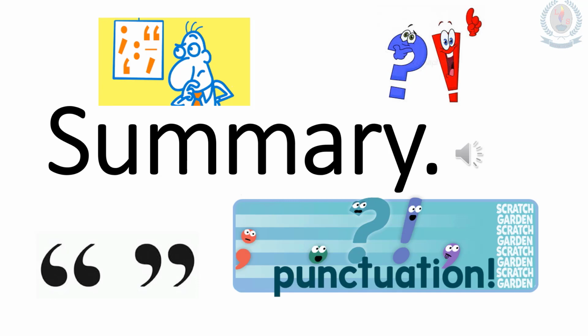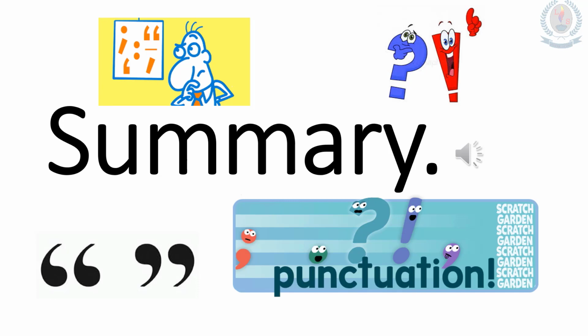So if you find the comma in a sentence, that stops the spoken words. There you have to add the inverted commas. And if you have a question mark or exclamation mark, there also, only after inserting the question mark and exclamation mark, you have to add the inverted commas.